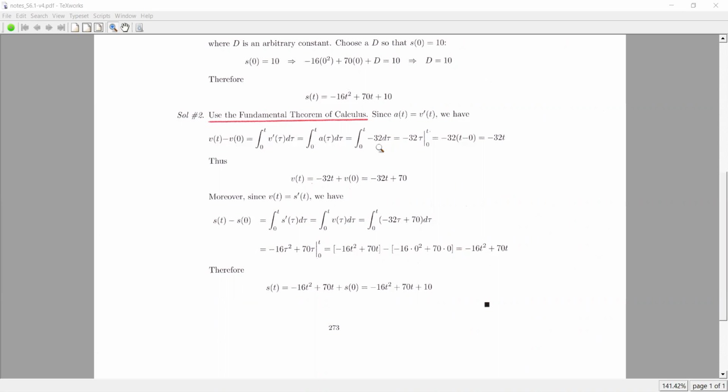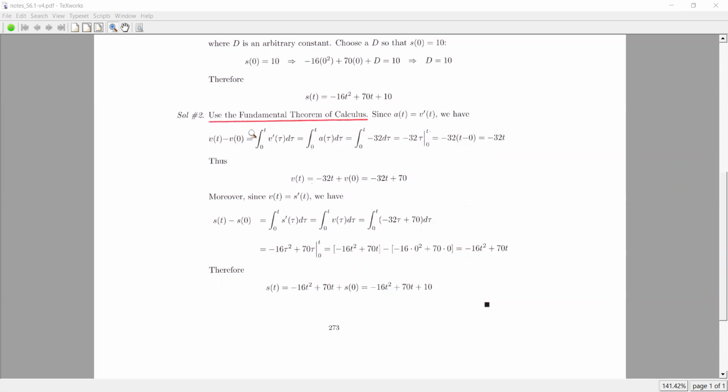The antiderivative of negative 32 is negative 32 times tau. Plug in the upper limit and the lower limit in tau. Then this is negative 32 times t.